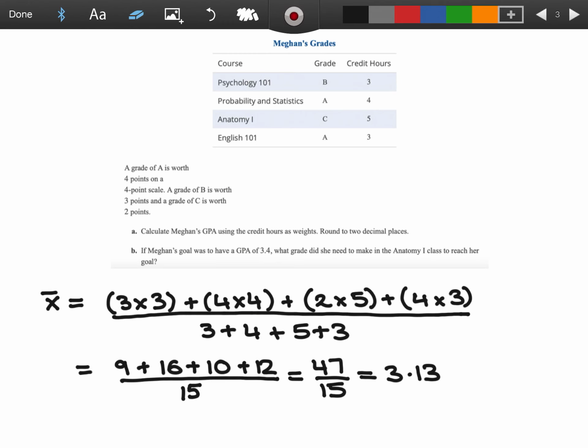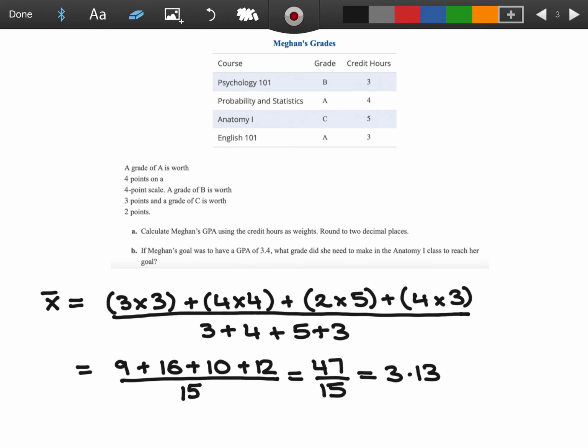Each grade is worth a certain GPA. We're just dealing with whole numbers here, not decimal values like an A- or a B+. So anything on the A scale is worth 4 points, anything on a B scale is worth 3 points, and anything on the C scale is worth 2 points. The question is to calculate Megan's GPA using the credit hours as weights.